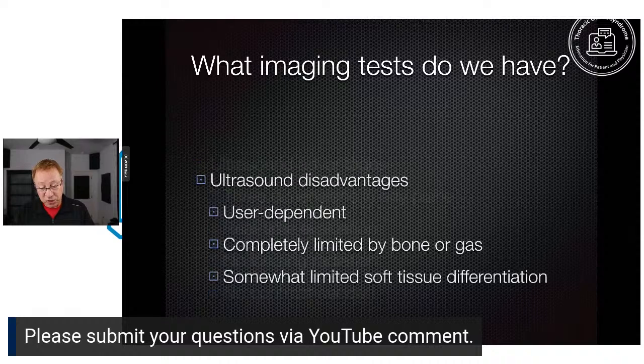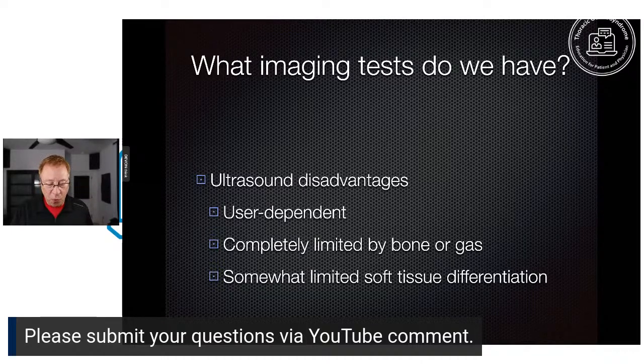Now, the disadvantages are it's highly user-dependent. You have a good sonographer or a good doc working on it, that's great. But you know what? There's a broad range of skills in sonographers, especially in thoracic outlet syndrome, where a lot of people, a lot of hospitals, a lot of clinics, they never examine for that. So you got to make sure the person doing the examination has a lot of experience with TOS, and that's not so easy to find.